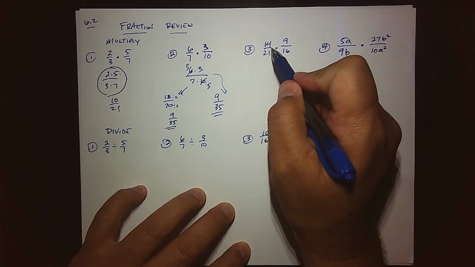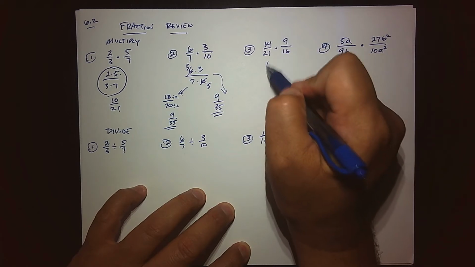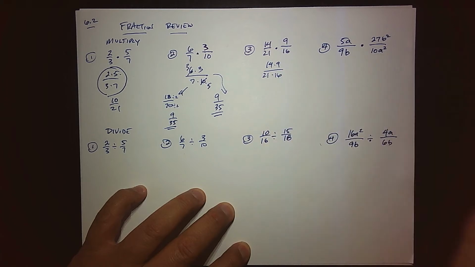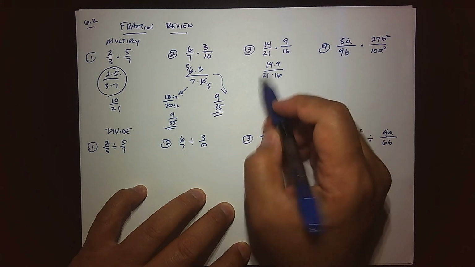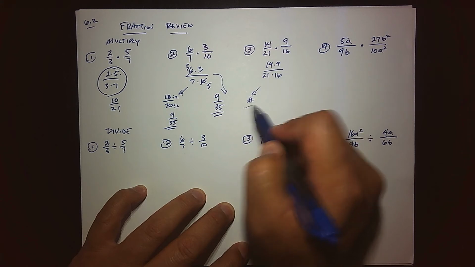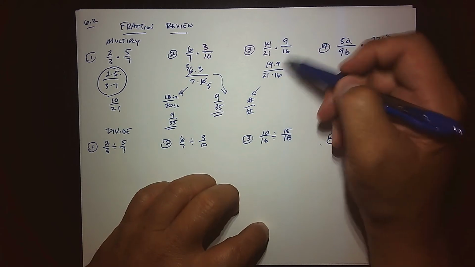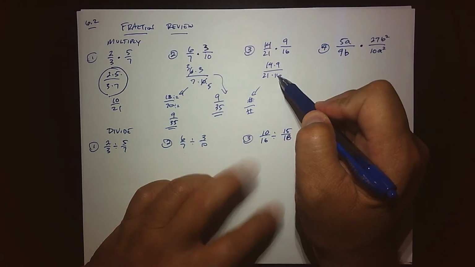So next example, we have 14 over 21 multiplied by 9 over 16. So again, following the rules, it's just top to top, bottom to bottom. And I doubt at this point you really want to multiply these things together and get some big, huge numbers. That's just kind of ridiculous, and I'll probably need my calculator. But at this stage, I can see 14 and 16 share a common factor of 2.